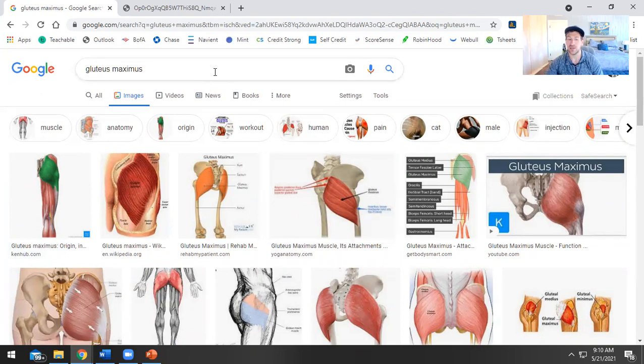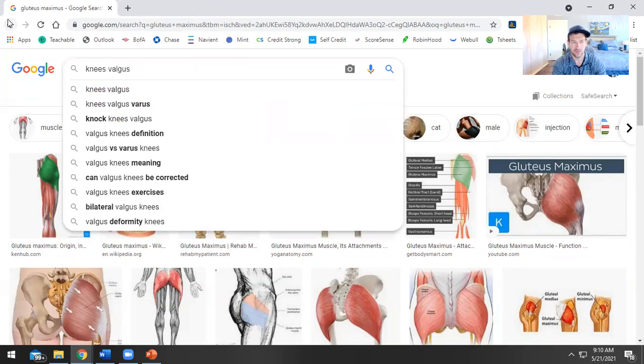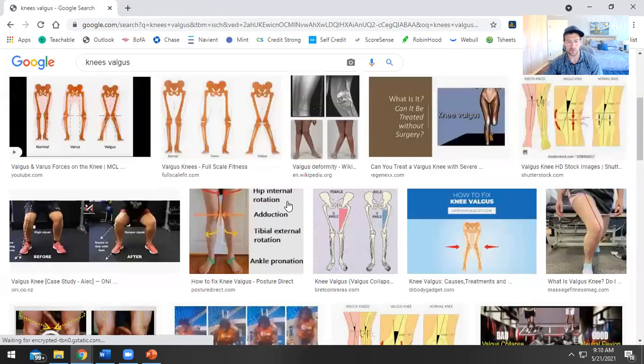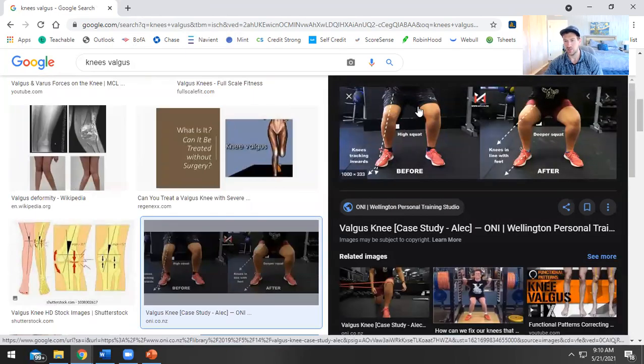So those adductors are not just going to do hip extension to help solve this problem. They're also going to adduct the knee. And you're going to get a client who performs a squat like this. They're going to squat down with their knees caving in, like this, right?